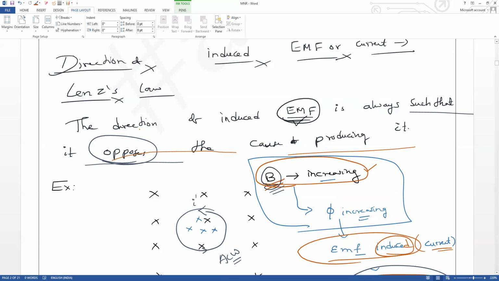So the definition of Lenz law is the direction of induced EMF, whatever it is. Imagine the direction of EMF arises because of increasing magnetic flux or because of a magnetic field.